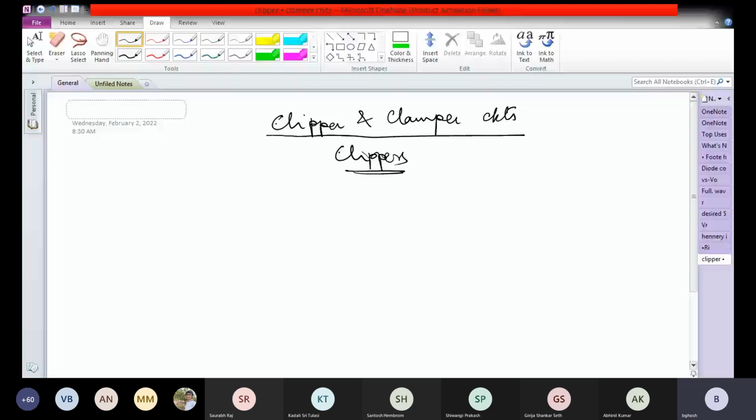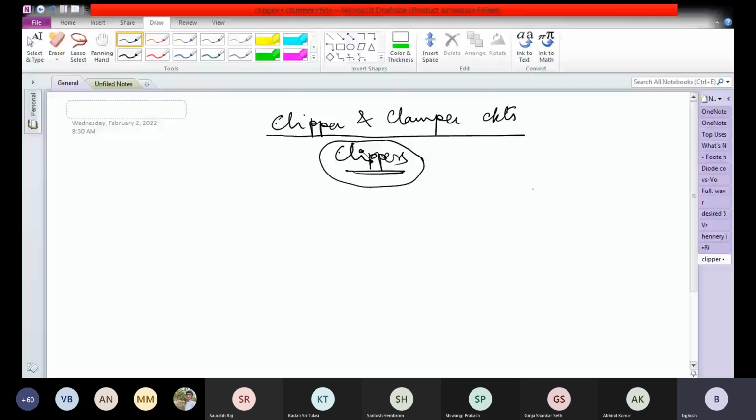As the name suggests, this word clipper means that it clips the output voltage. That is, it does not allow the output voltage to fall beneath a particular value or to be over a particular value. So in that sense, a half-wave rectifier is a clipper because it does not allow the output voltage to go below the 0 line. It gives me the output voltage which is constantly above 0.